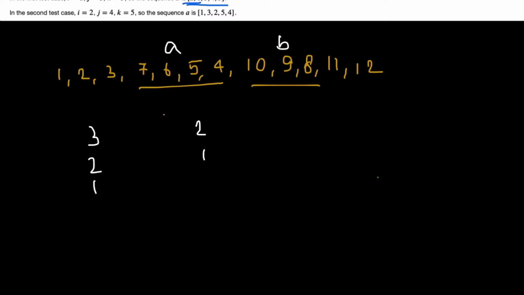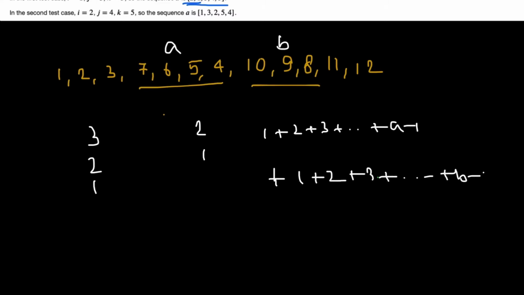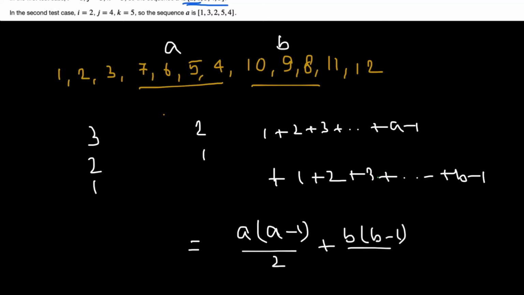So I can calculate the number of inversions as 1 plus 2 plus 3 plus dot dot dot plus A minus 1, and then 1 plus 2 plus 3 plus dot dot dot up to B minus 1. And if I use the formula for the sum of first n natural numbers, then it will come to A into A minus 1 by 2 plus B into B minus 1 by 2.